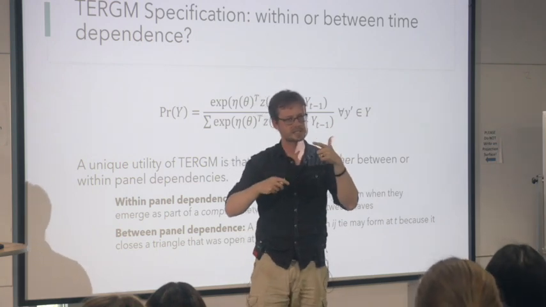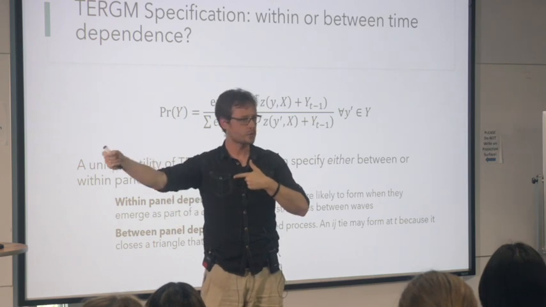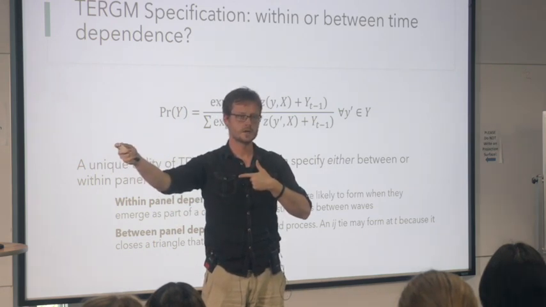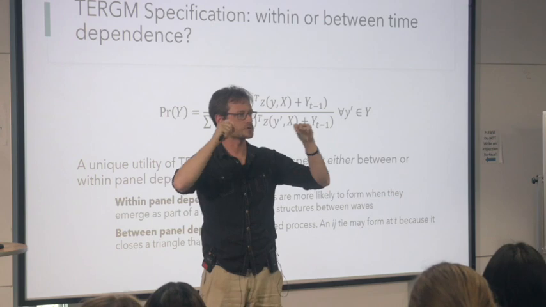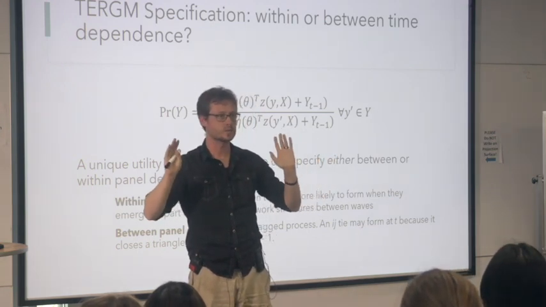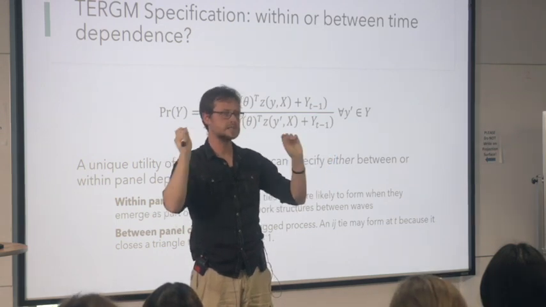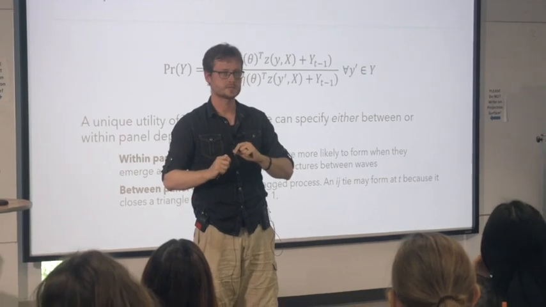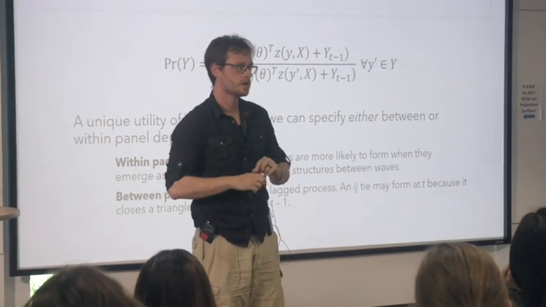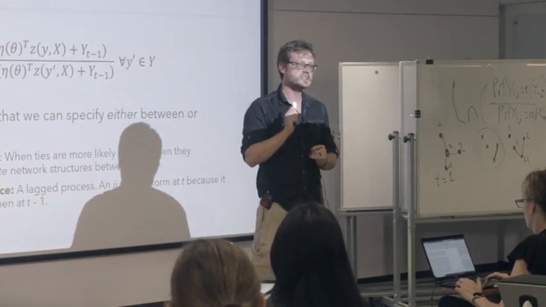It could be the case that I form a tie with somebody, I withdraw that tie from somebody, but before I could withdraw it, somebody else formed a tie. All that information on what the structure looked like when the network changed is lost in TERGM, or at least dealt with by assumption. And that assumption is any measurement error we're getting is not correlated with what we're trying to estimate. That's a limiting assumption. But we also get an important utility.